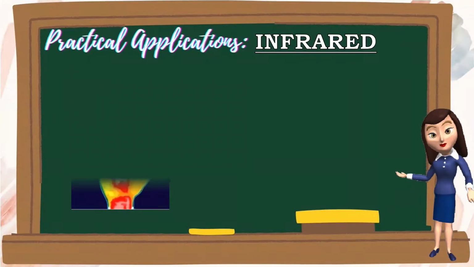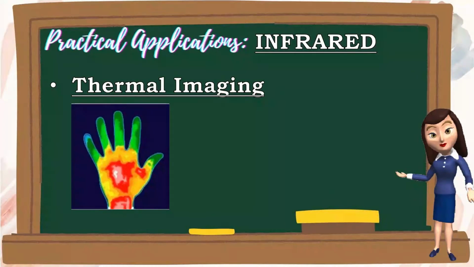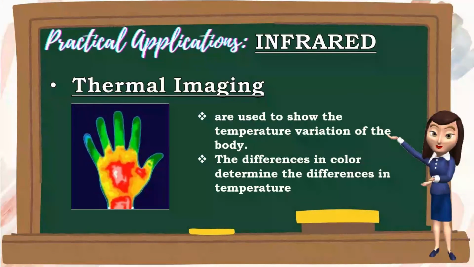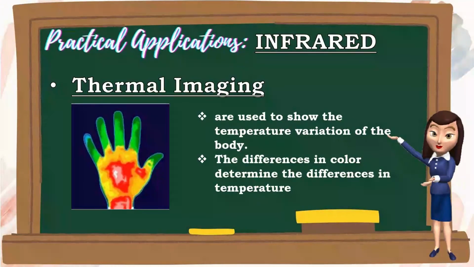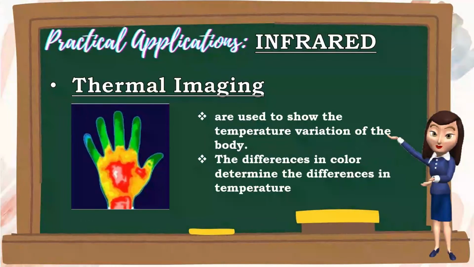Next one is the thermal imaging through infrared scanners. Infrared scanners such as thermal imaging and thermal scanner are used to show the temperature variation of the body. Our body radiates infrared, and under infrared cameras, our images appear in a variety of colors. The differences in color determine the differences in temperature.